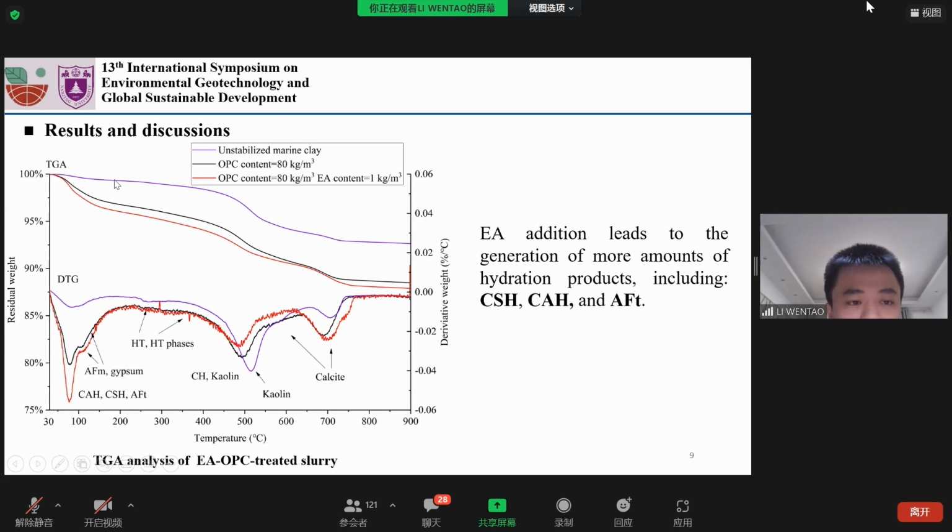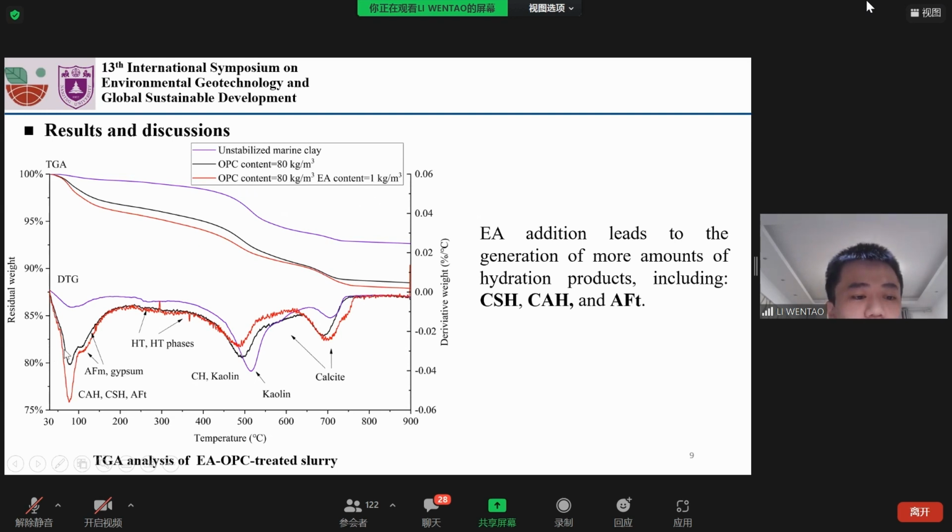Thermogravimetric analysis was also conducted. The purple line shows the TGA curve of the OPC stabilized clay slurry, while the red line is the TGA curve of the stabilized clay slurry with the addition of expansive agent.